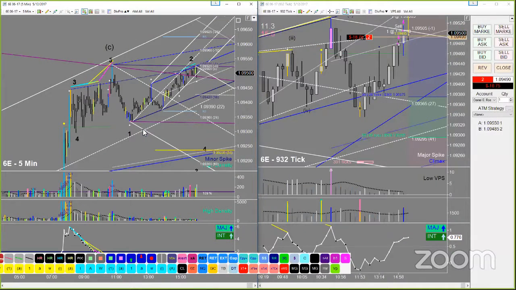I just want to see what the euro did. Okay. It may or may not work out, but I think it's definitely worth the risk there. And we did end on a churn bar into the high.